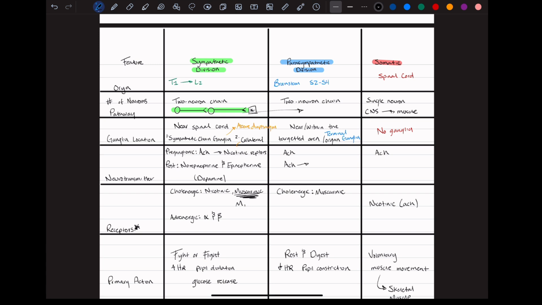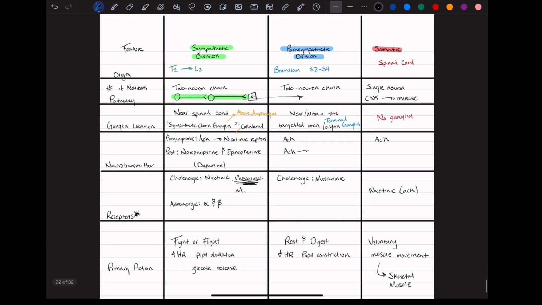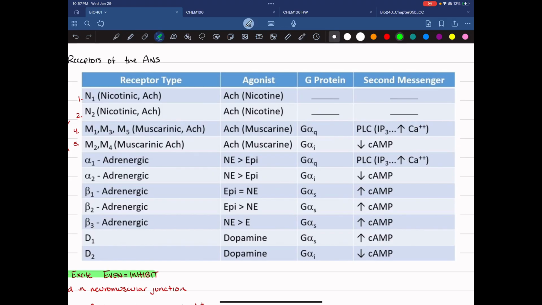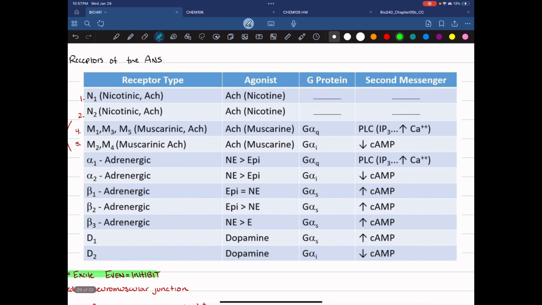And then next, I want to talk more about our cholinergic and adrenergic receptors. Okay, so here I have the list of receptors in our autonomic nervous system. And the numbers associated with these mean something.